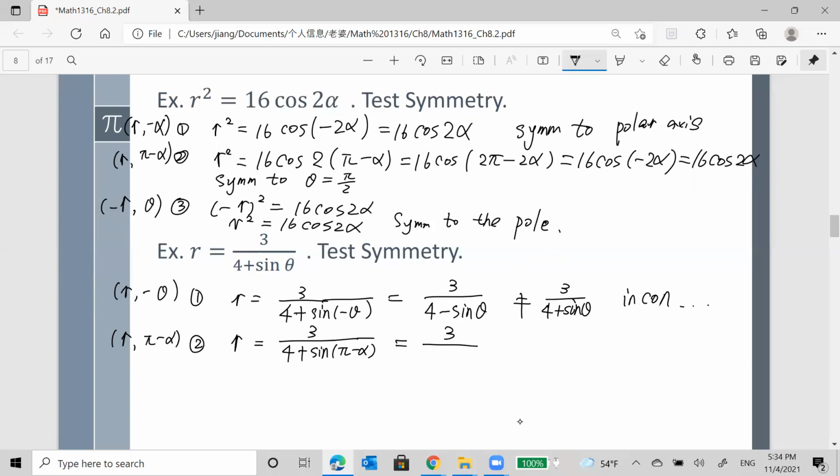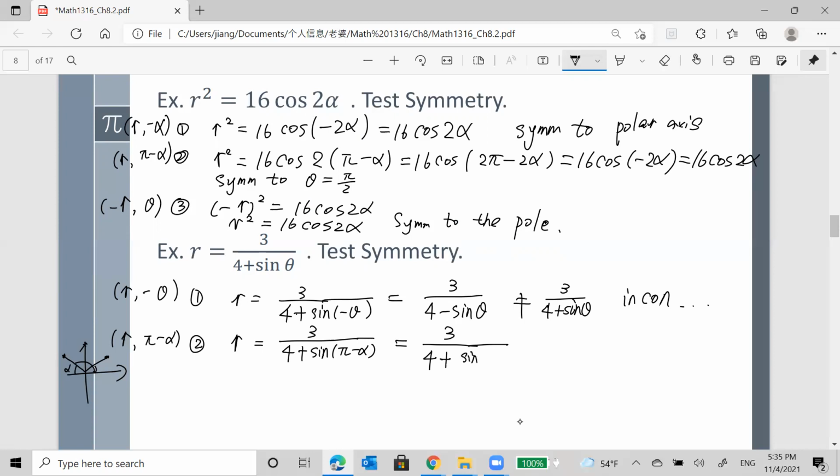Equals 3/4. So do I need to prove this one equals sine alpha, or you want me to prove it? It's okay. Because we have learned that if this is alpha, then from here to here is pi minus alpha, and the reference angle is alpha. So sine alpha equals sine of pi minus alpha, or you just use the formula and expand it.